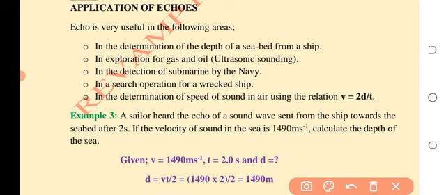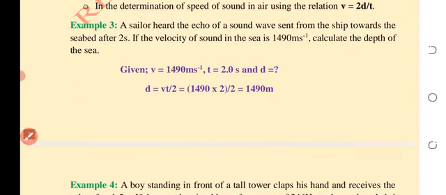Substituting v equal to 1490 and t equal to 2 seconds, and dividing by the 2 in the formula, we have the depth of the sea as 1490 meters. Let's have one more question on echo before we move on.